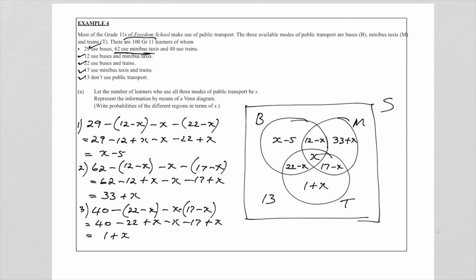So let me just highlight that part. So we're going to write down an algebraic equation here, where we're going to add all of them. And we're going to put it equal to the 100 learners in total. So let's write that down.